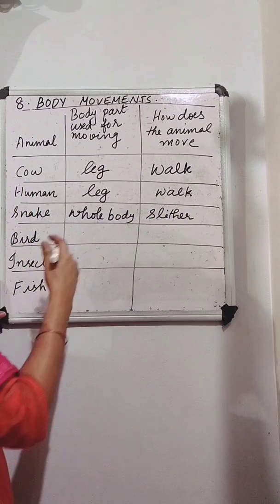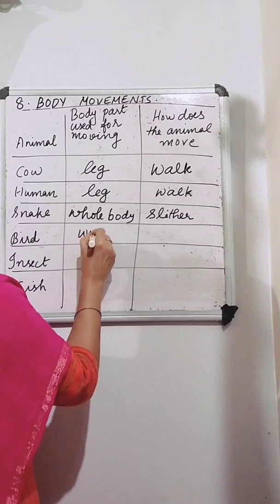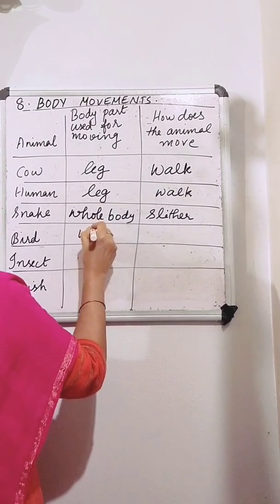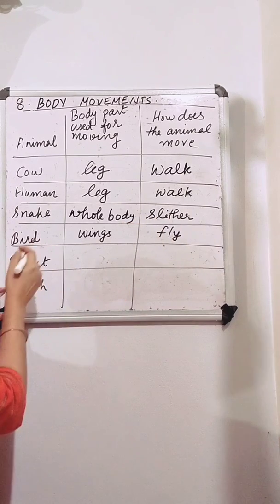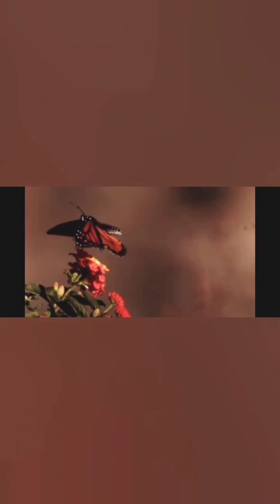Then bird, which part? Wings are used for moving. And what do we call it? Fly. Then insects, like butterflies.